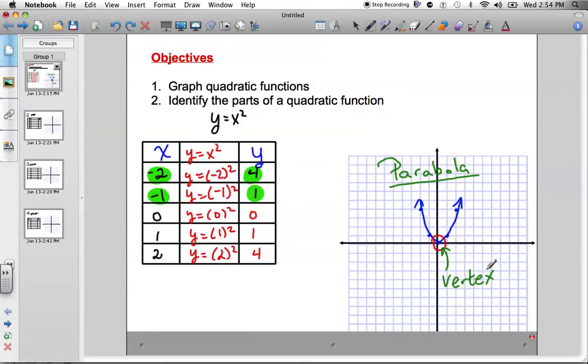And then the other thing you need to understand is something called the axis of symmetry. You need to be able to identify or draw the axis of symmetry on your graph. And your axis of symmetry is going to be where we can get a mirror image when we draw that line. And that's going to be right in here. We're going to draw that line.